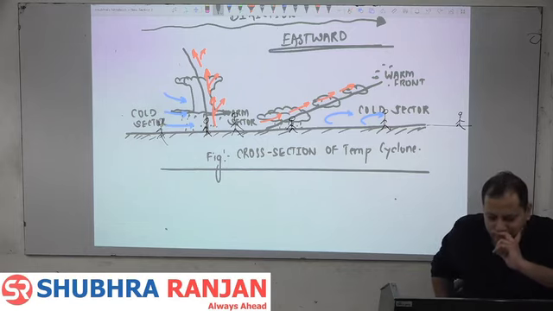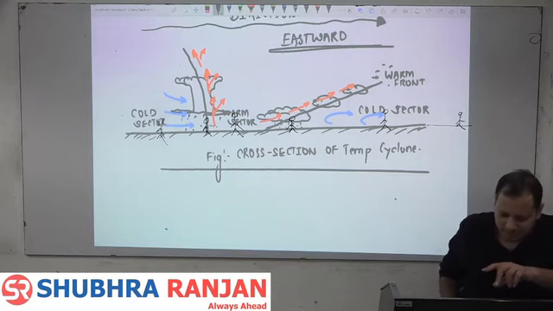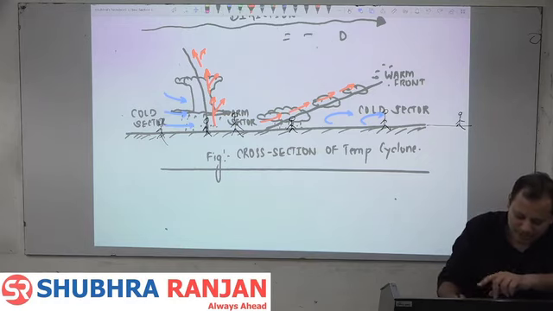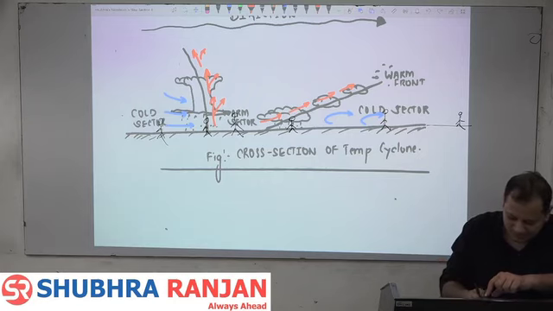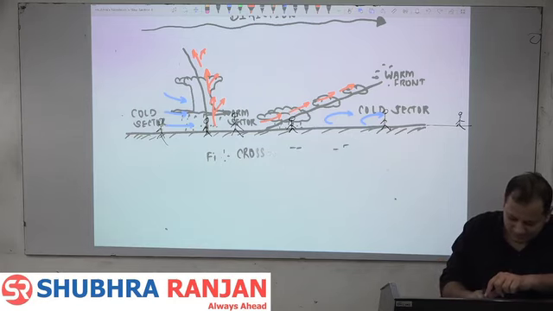The observation point of an eastward moving temperate cyclone experiences different weather conditions.